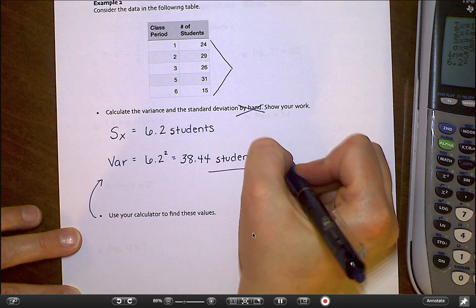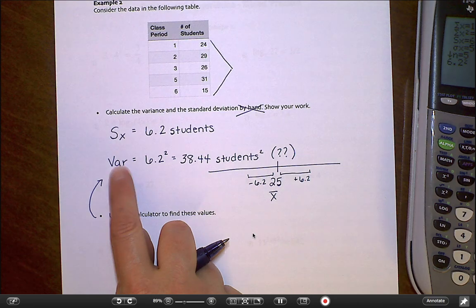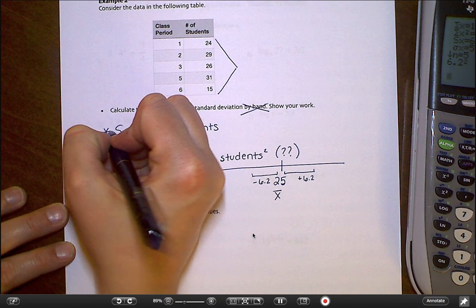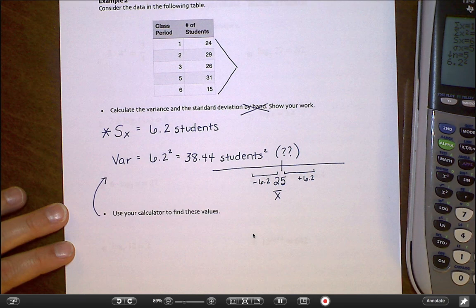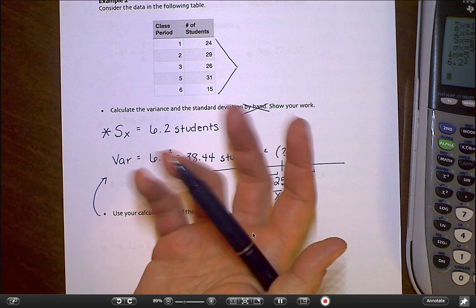And what the heck does that mean? I don't know either. So that's why variance is not a super useful tool. It is something you're going to want to be familiar with the terminology. I mean, we talk about it in statistics, but the standard deviation is much more commonly used because the unit actually makes sense. Okay? That's really it for standard deviation.